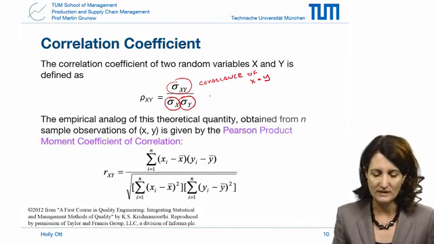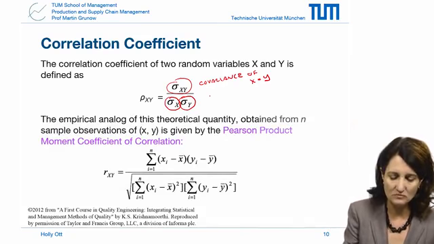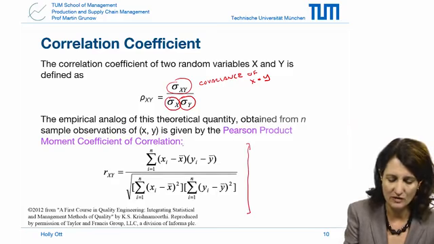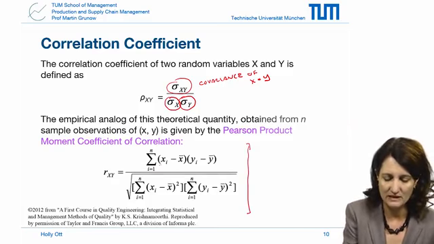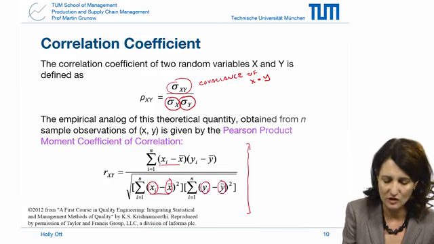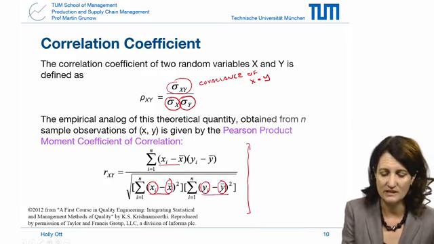But overall, you're ending up with a similar calculation to the standard deviations, where you take the difference of the average value from each value squared, for x and for y, and sum them together.